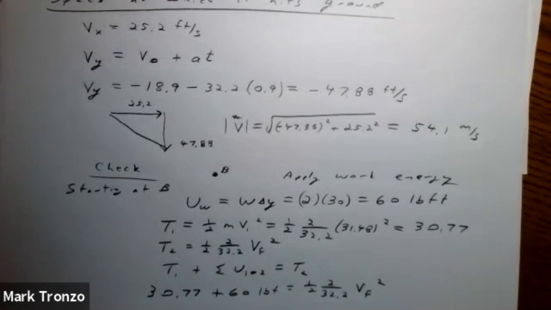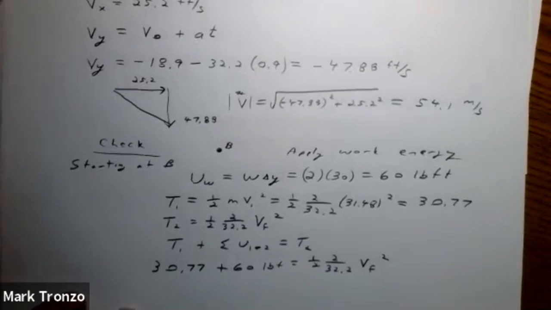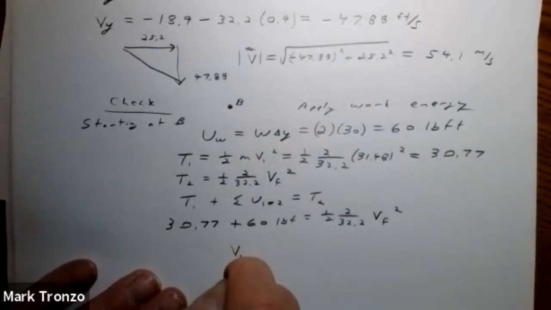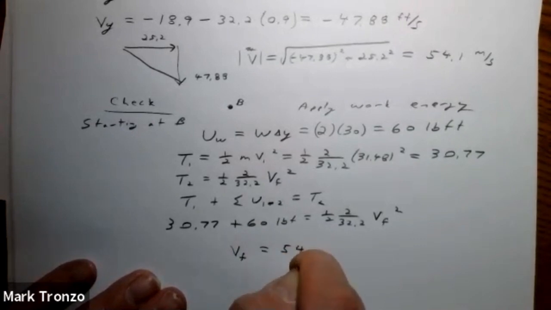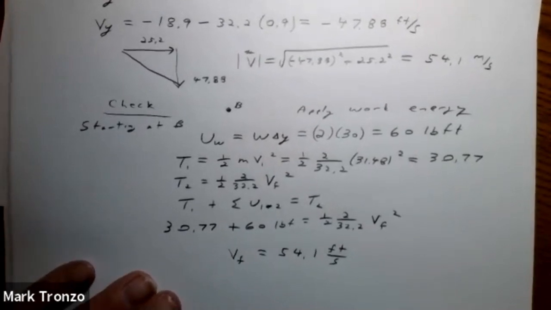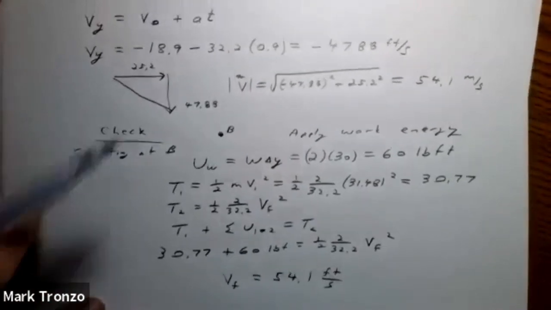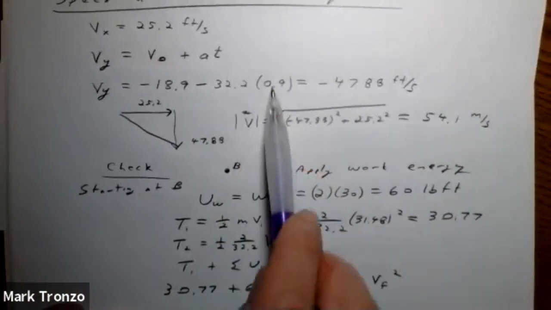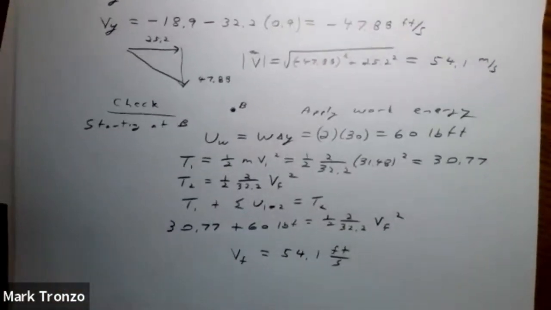Then take the square root, and we get 54.1 again. So we could have done it that way as well. I think we needed the projectile equation to find the position, but we could have done the velocity either the way we did it, or use work energy. Either way would work.